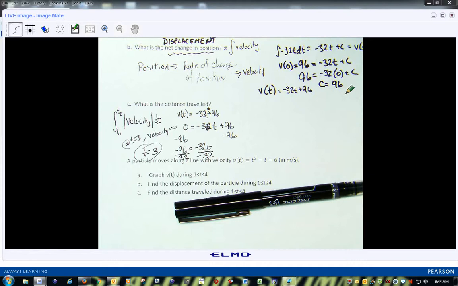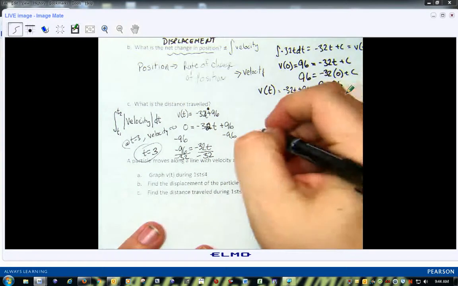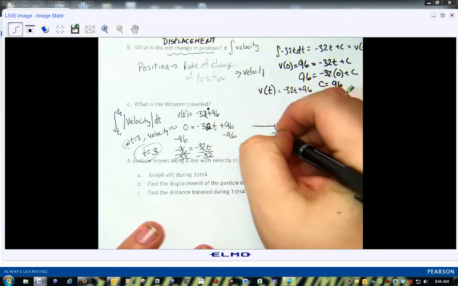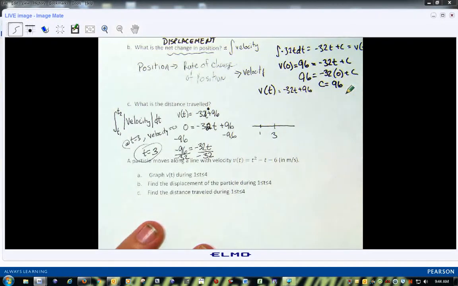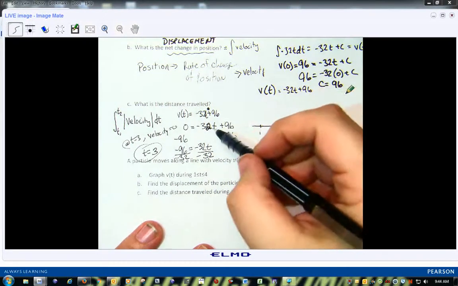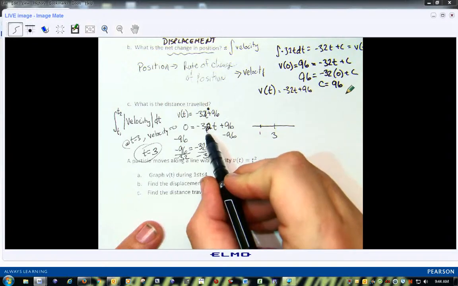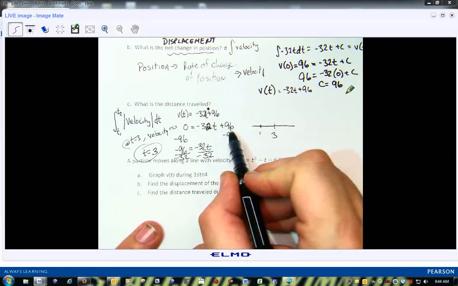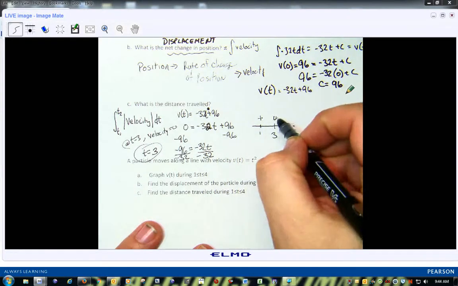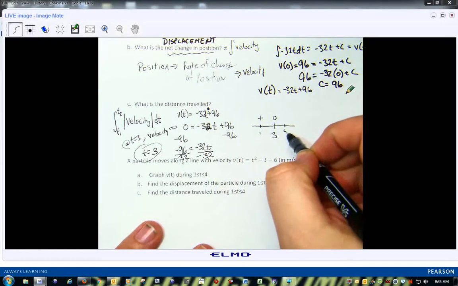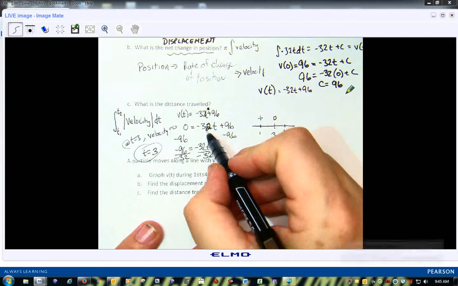Well, let's see what happens on either side of 3. So I'm going to take 1 as a test point. Plug in 1 into the equation. 1 times negative 32 plus 96. Is this positive or negative? Positive. I know it's 0 here. And take a test point of 4. Now this is going to be a little bit more than 120, right?